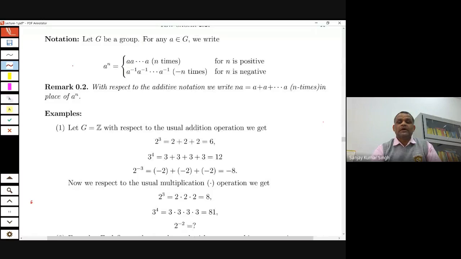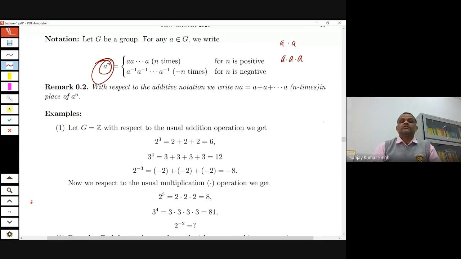Now in a group, I can define a notation called power n. It means you take one element and take its image. Basically, you consider a square, which is a dot a. If you want a cube, then it is a dot a dot a. Similarly, you can define the n-time product of any element, and I will denote this by a power n.